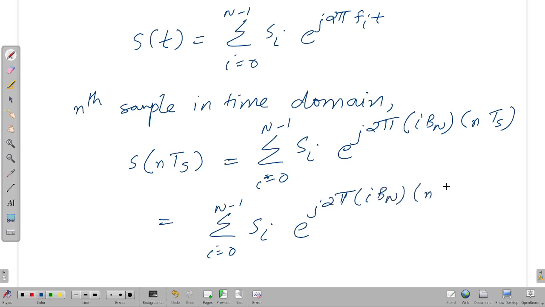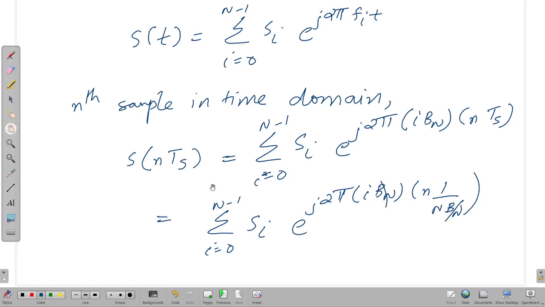Ts can be written as 1 divided by B, or you can write it as 1 divided by n into Bn, and you see that this Bn and Bn get cancelled with one another.